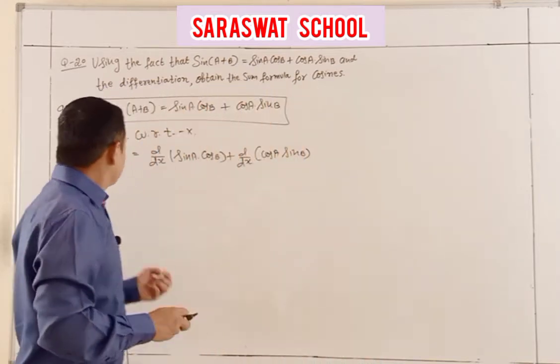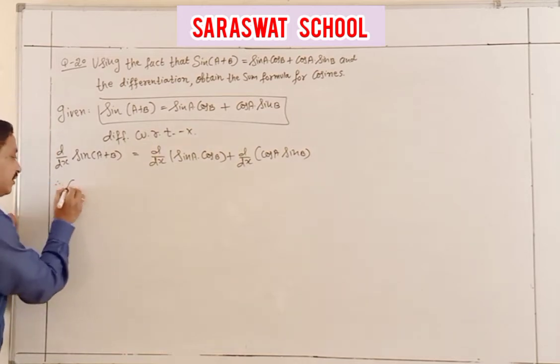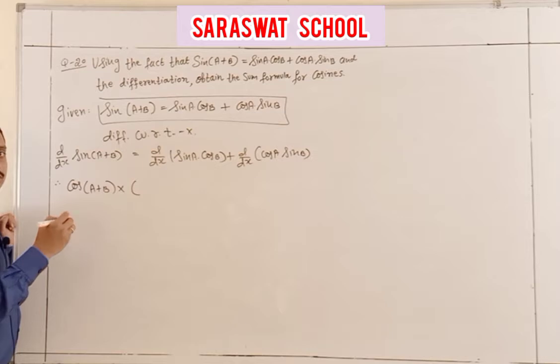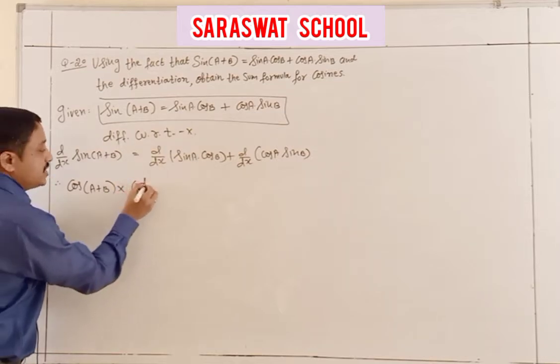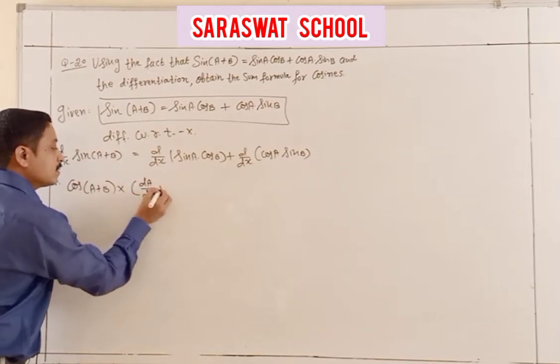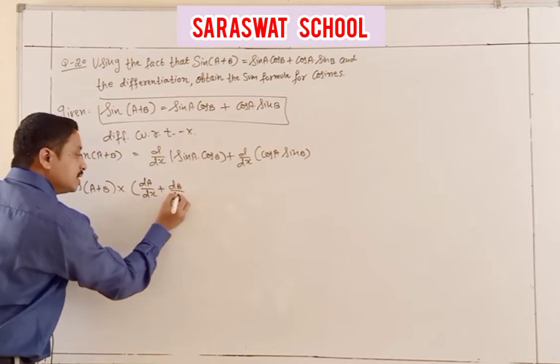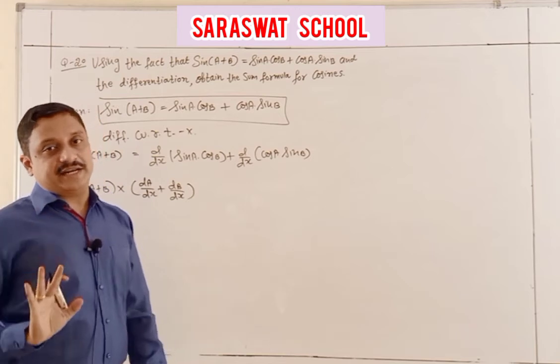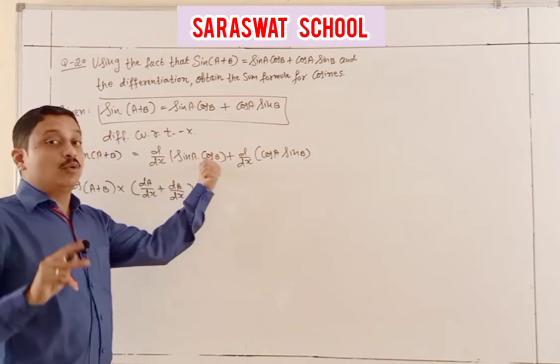Yes. So the left hand side derivative: the derivative of sine is cos(A plus B) into the derivative of A plus B, so dA/dx plus dB/dx. I only differentiate with respect to x, right? Here also both are variables.